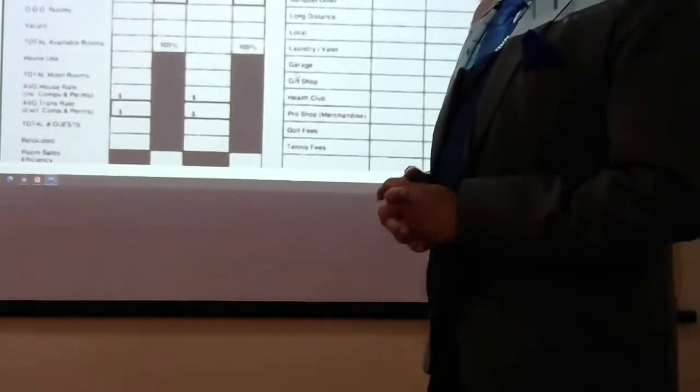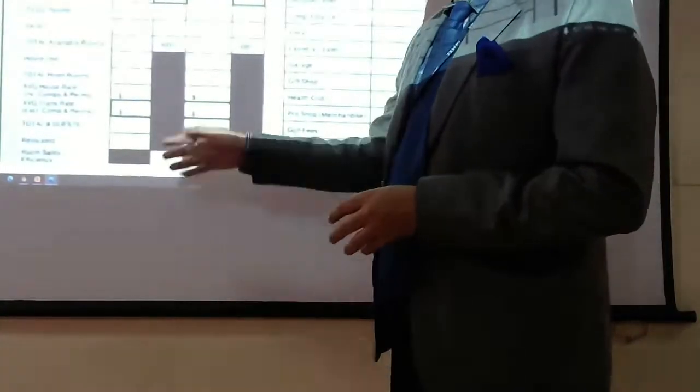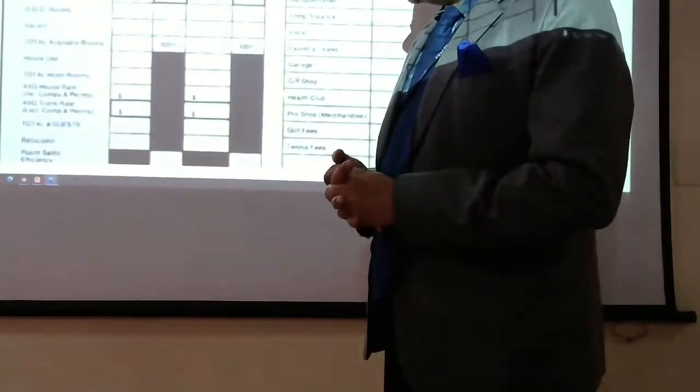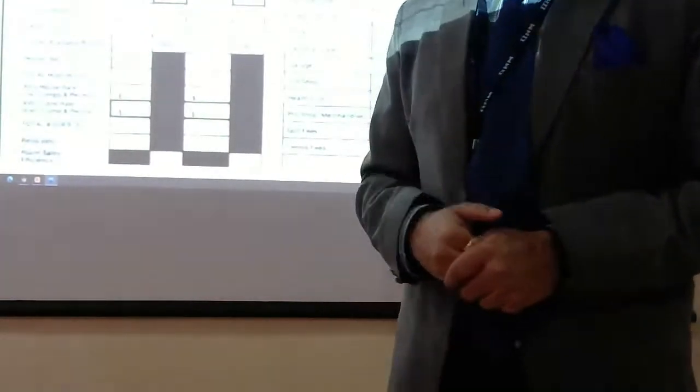After that, you can see average room rate, complimentaries, etc. we are providing, and the total number of guests who are staying inside the hotel. Now, total number of guests, this is the house count which we need to remember, because there is a very important formula which I think you remember, REVPAC or REVPAG.